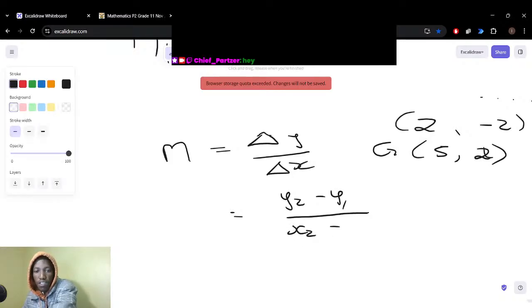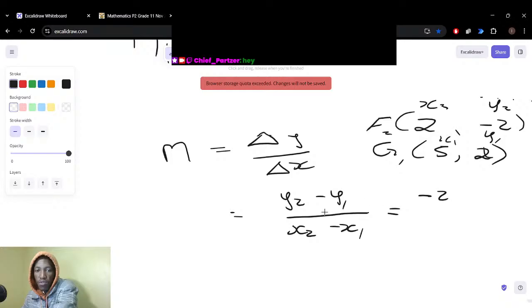x2 minus x1, right? So we're going to take, this is f, by the way. We take this as 0.2 and this as 0.1. So y2 is minus 2: y2, y1, x2, x1.